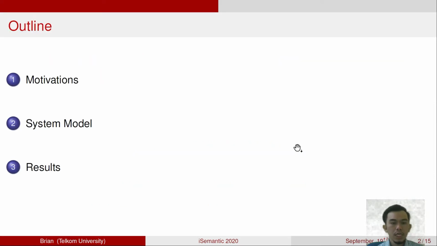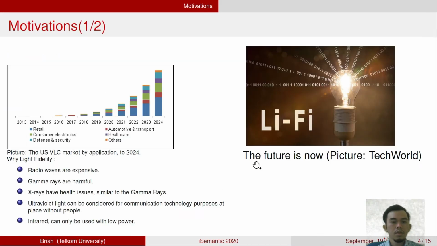So in this presentation, we have three sections. The first is motivation, then system model, and then result. First is the motivation: why we should research Wi-Fi or light fidelity.